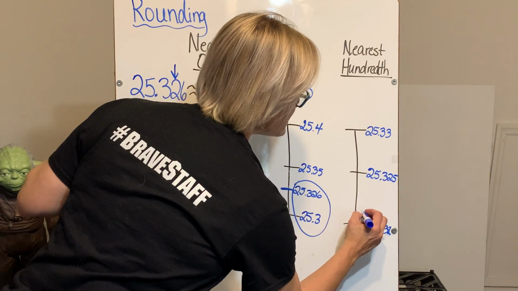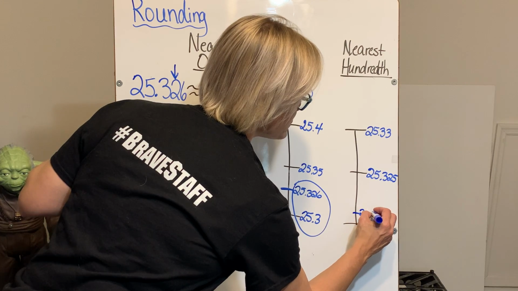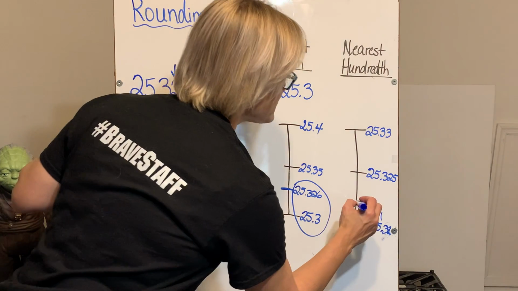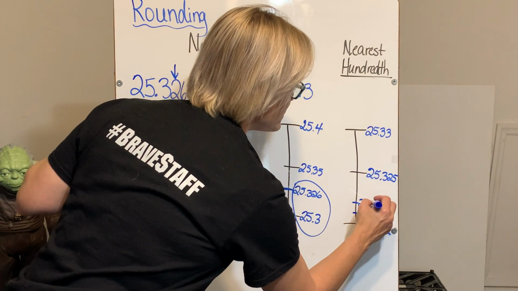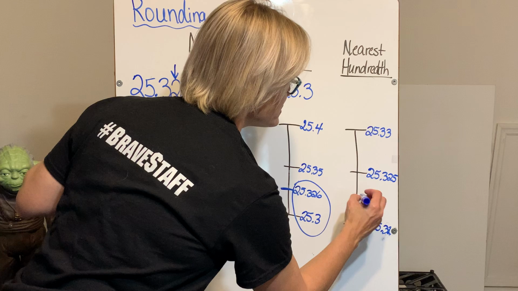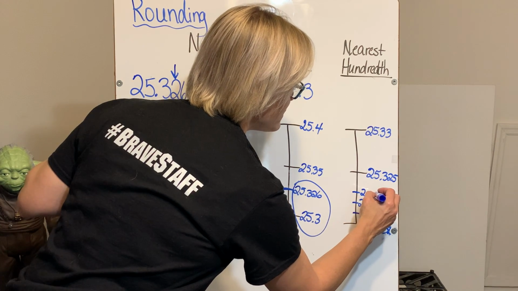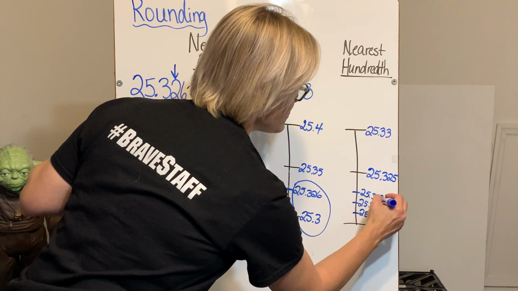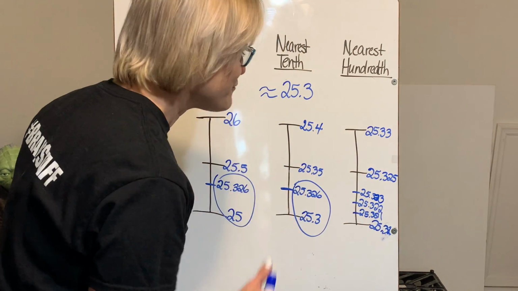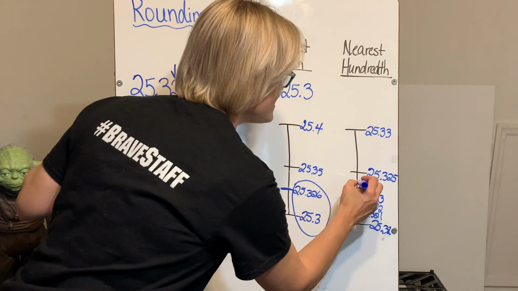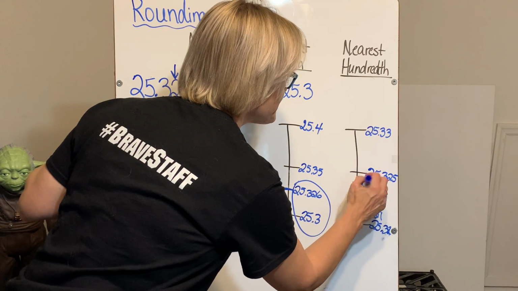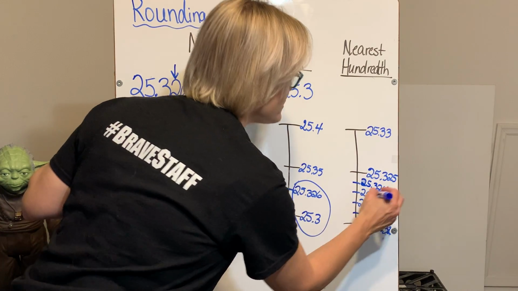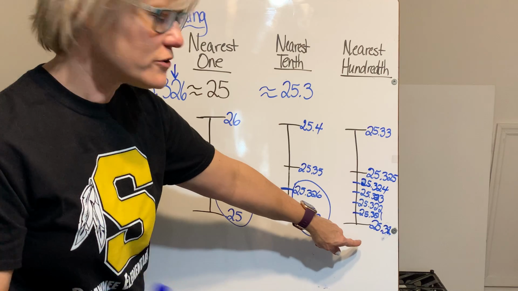If we were to write this on a scale, we would put 25 and 321 thousandths, 25 and 322 thousandths, 25 and 323 thousandths, 25 and 324 thousandths. See the pattern here?